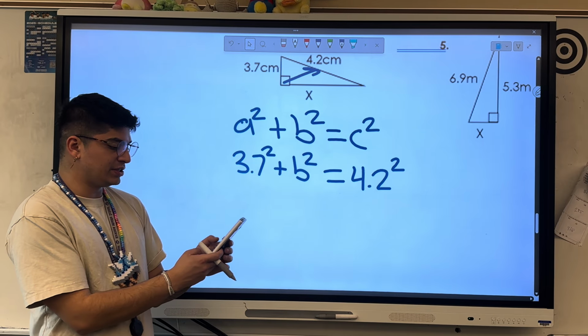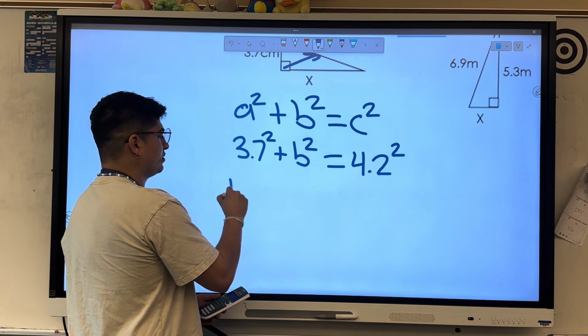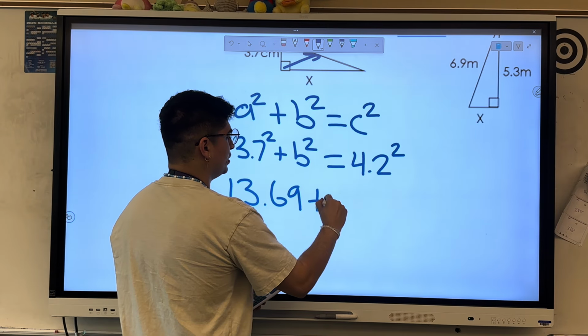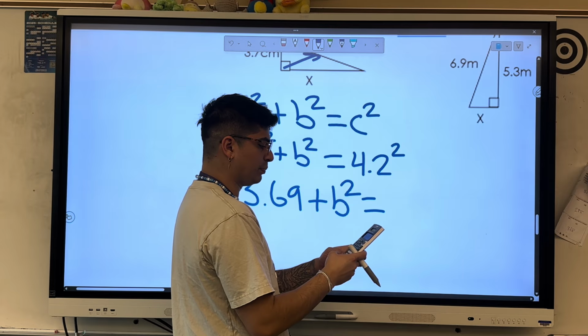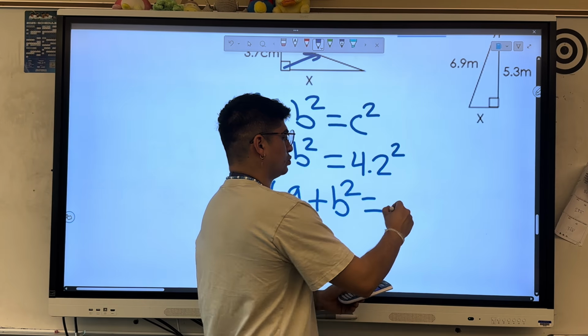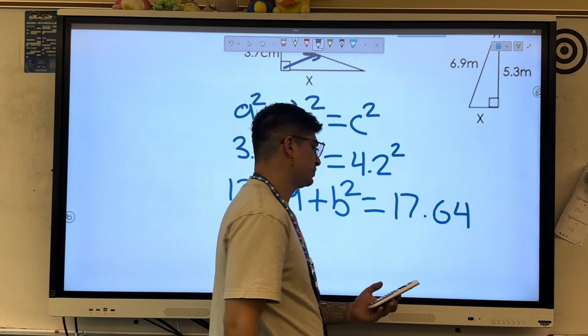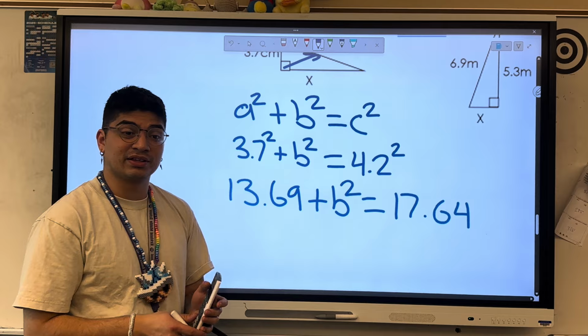If I do 3.7 squared, that's going to end up giving me 13.69 plus b squared is equal to 4.2 squared, which would be 17.64. My calculator's a little broken, so I was worried I'd get the numbers wrong there.